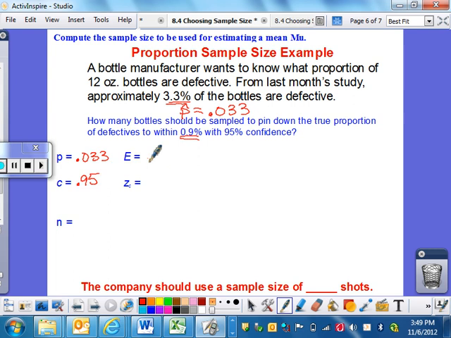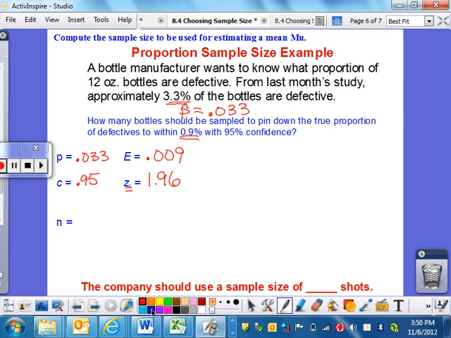Well, what's 0.9% as a decimal? 0.009. You need these as decimals. And then you need to find your critical value, your z of c, for 95%. In any proportion problem, it is a z-score, so you go to your z table, and 95% gives you 1.96 if you go look there.